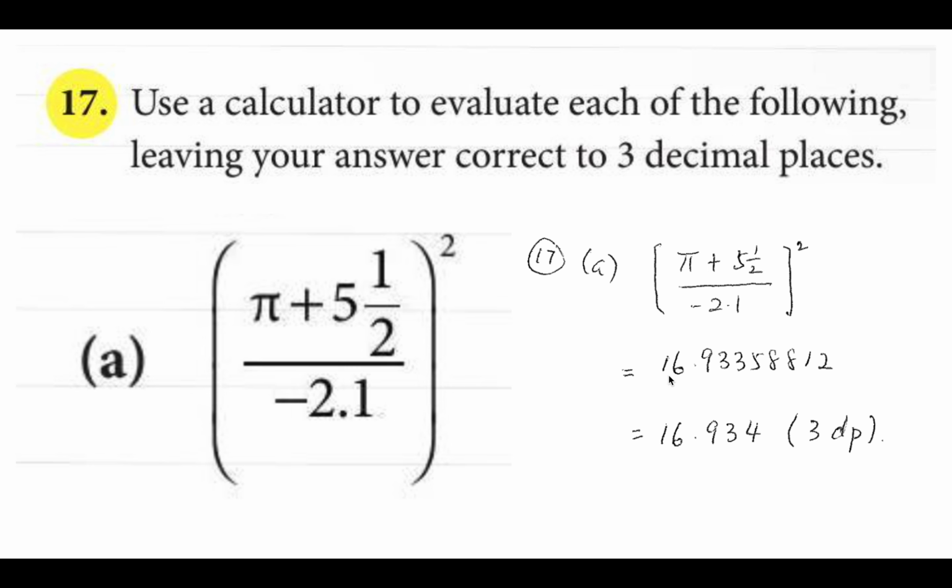So that it adds clarity, we know where we are rounding off from. So write out the whole thing, 16.933588812. Then we round off to the degree at which the question specifies, and in this case it is 3 decimal places, so 16.934. Again, it's a good habit to indicate that it is rounded off to 3 decimal places, so I wrote down 3dp over there to make it very clear.